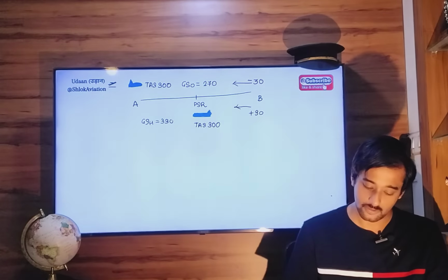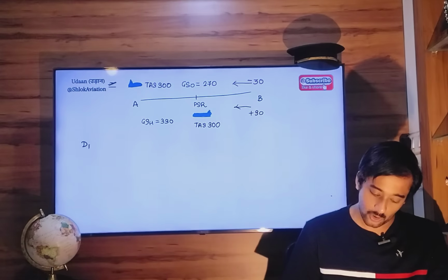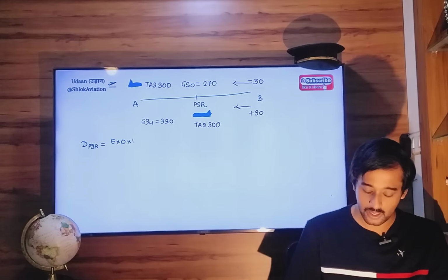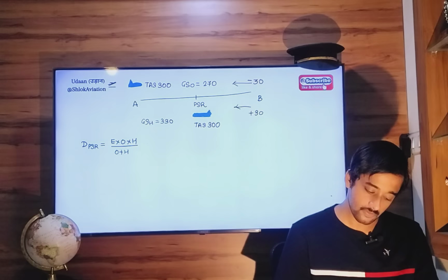330. Okay. So distance to point of safe return is endurance into outbound into homebound divided by outbound plus homebound.